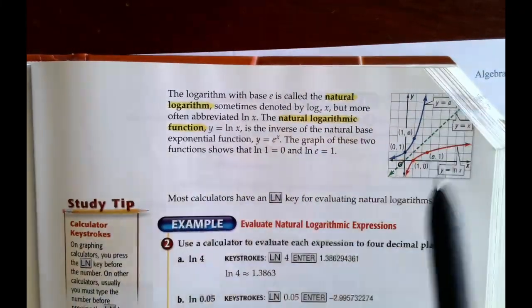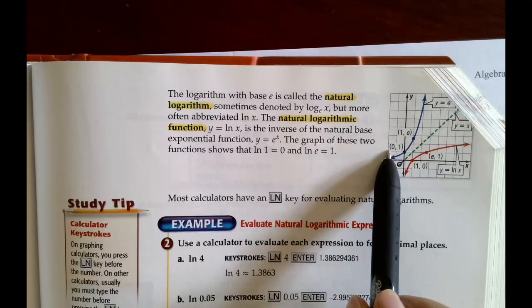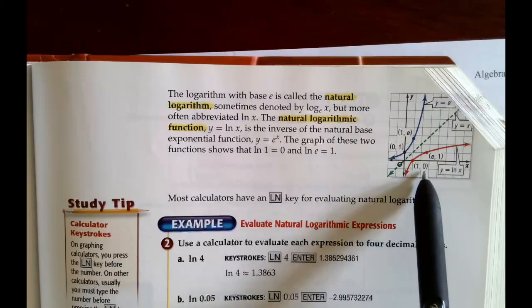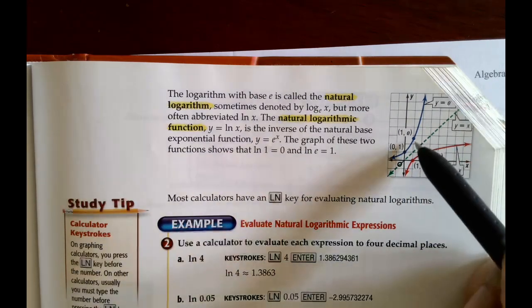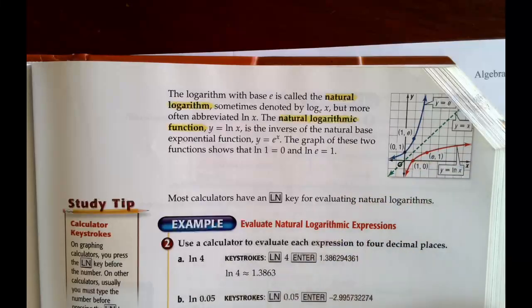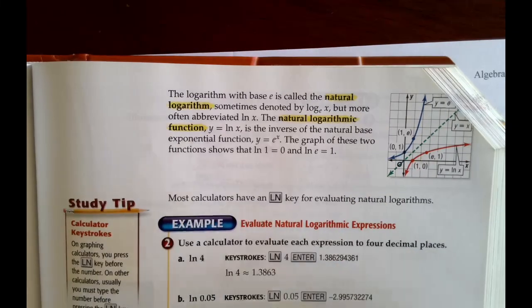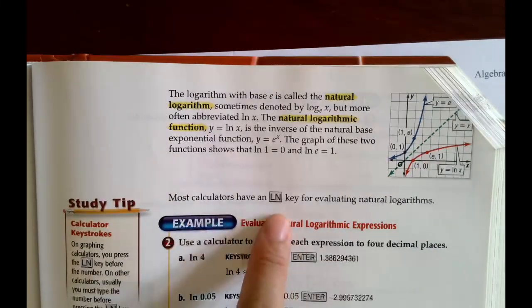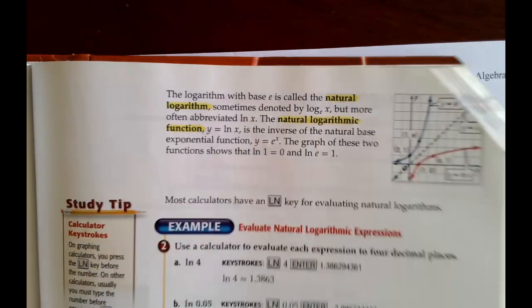Instead of (0, 1) for the exponential, the logarithmic has (1, 0). Instead of (1, e) for the exponential, it becomes (e, 1) for the logarithmic. And most calculators have an ln key, a natural log key, for evaluating natural logarithms.